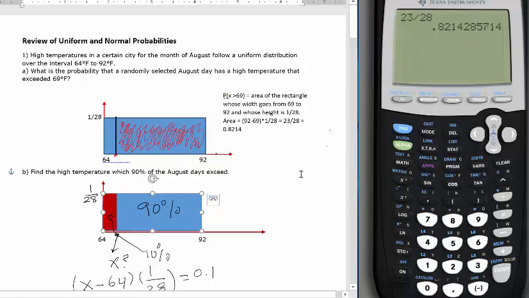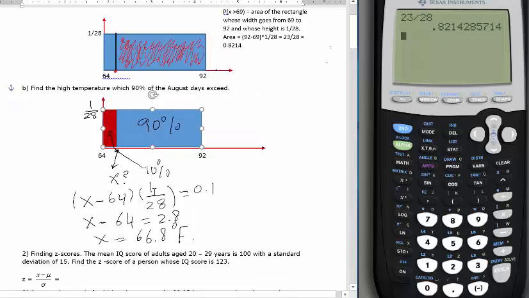He gives us the area and he wants the x value. Well, the area of the red rectangle is again the width times the height. What is the height of the rectangle? It is 1/28. What's the width? If I knew this number here where I'm pointing right now, I would just subtract 64 from it to get the width, but I don't know the number.